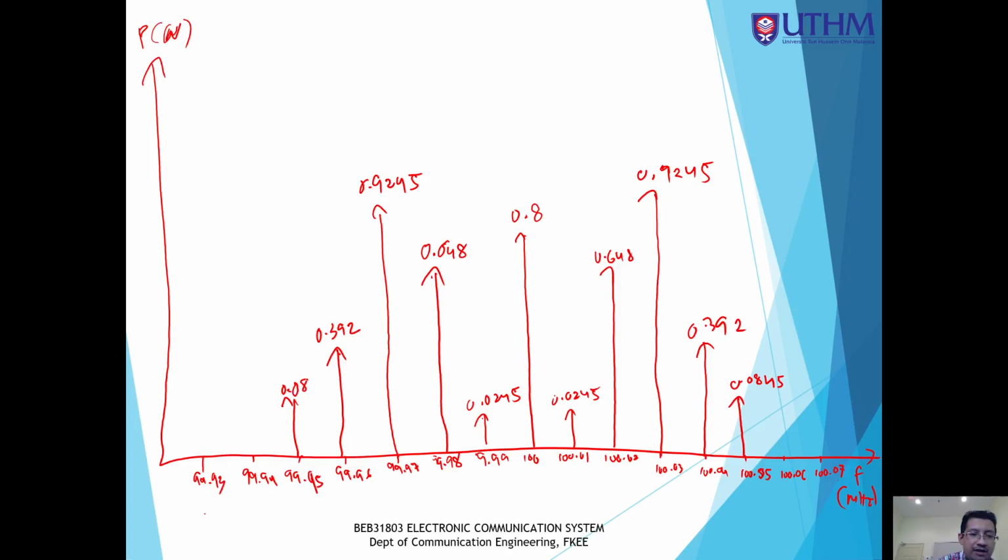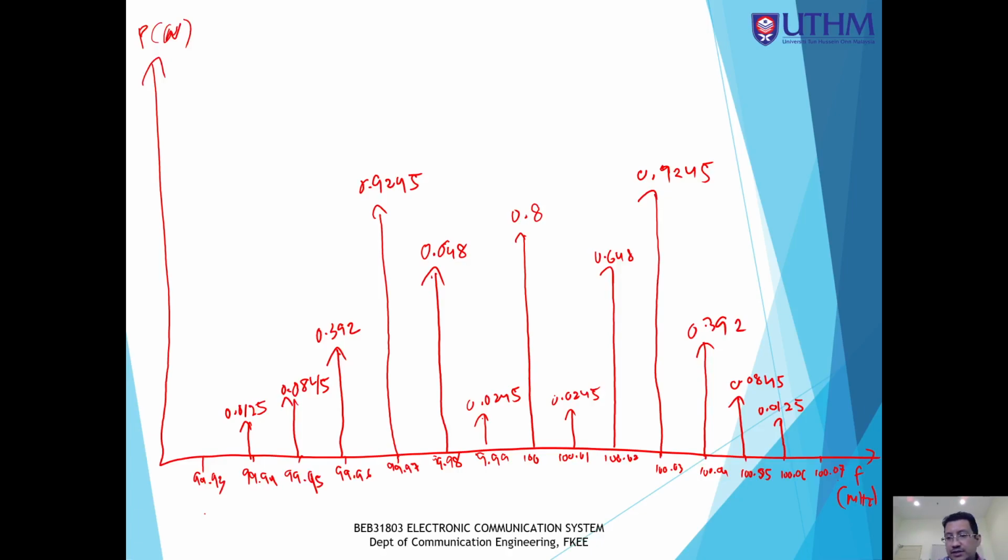0.0845. And then for the sixth sideband, it is located at 0.0125 watt. This is the sixth sideband, located at 0.0125 watt.